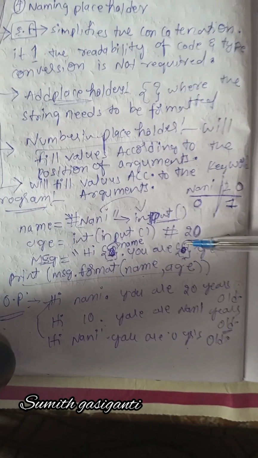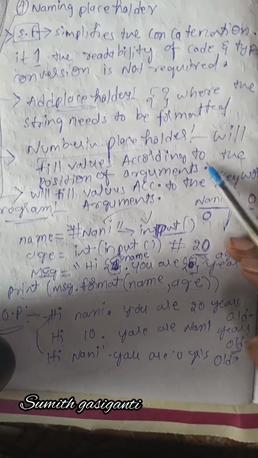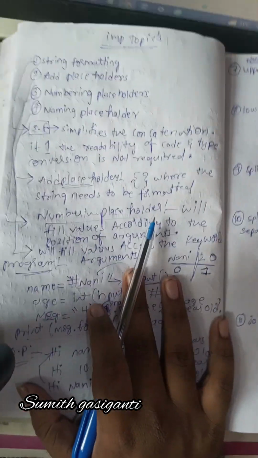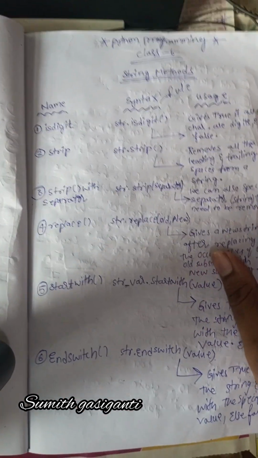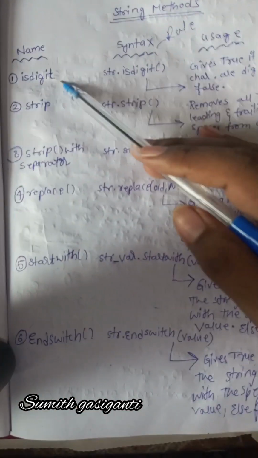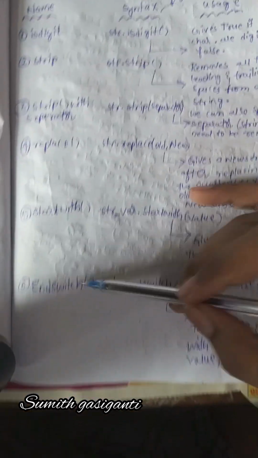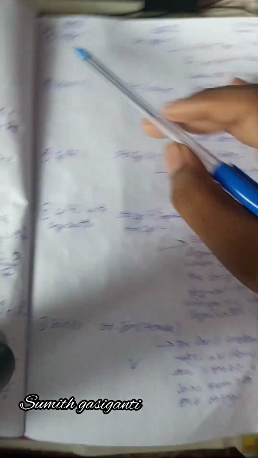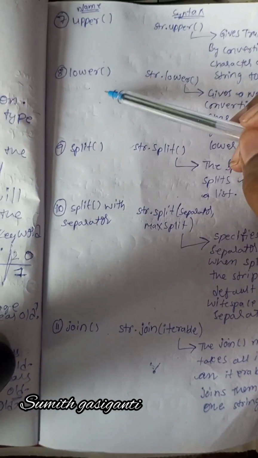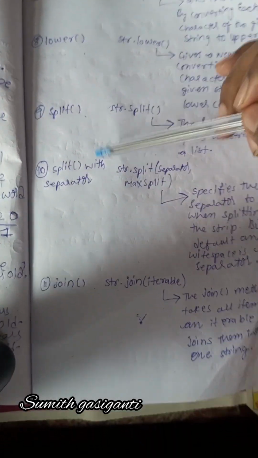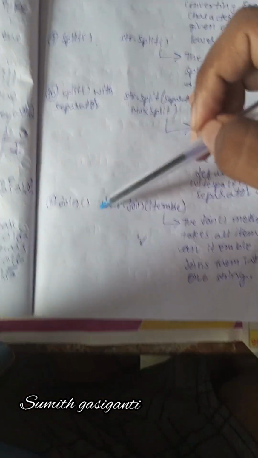In this way string methods will be used. So this is about string methods. In this class we are discussing isdigit, strip with separator, replace, startswith, endswith, upper, syntax and usages, lower, split with separator, join.